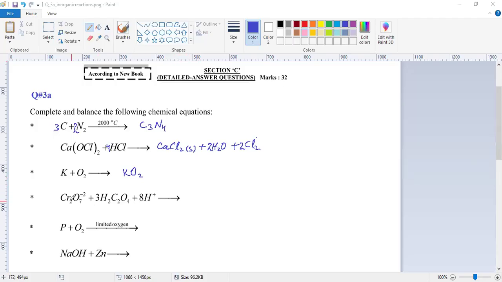Now this is the reaction of dichromate with oxalic acid, and this is a well-known reaction you have seen in your titration experiment as well. So during this redox reaction, this chromium reduces to Cr3 plus ion.